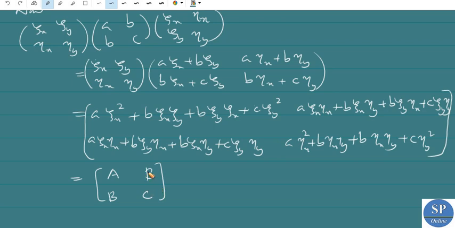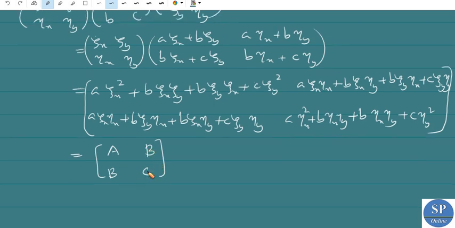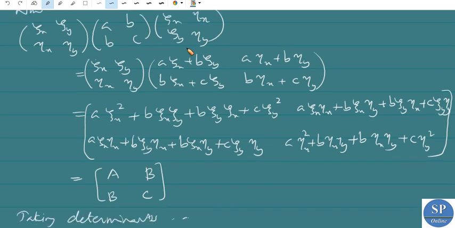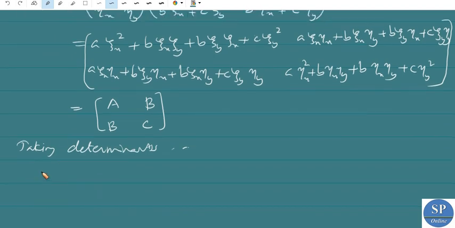So taking the determinants on both sides, we have determinant of this into determinant of this into determinant of this. Okay, so this is nothing but zeta x into eta y minus zeta y into eta x.